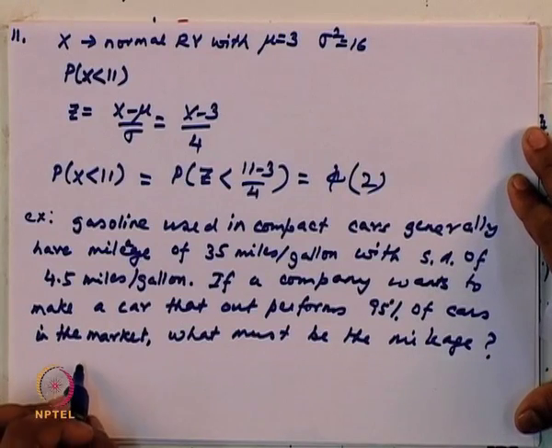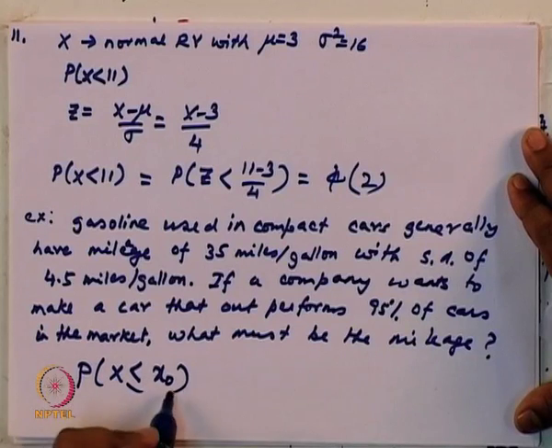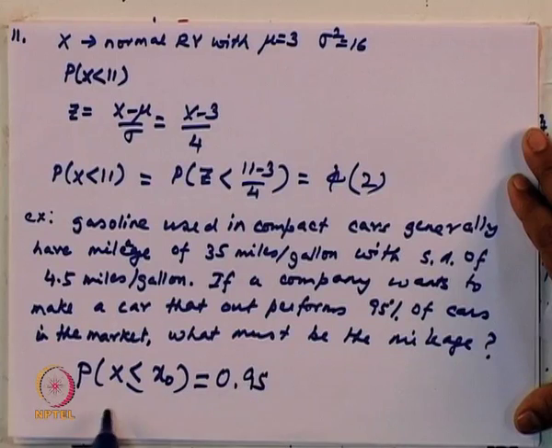Essentially, we have been asked for what value of x naught do we get a probability equal to 0.95.